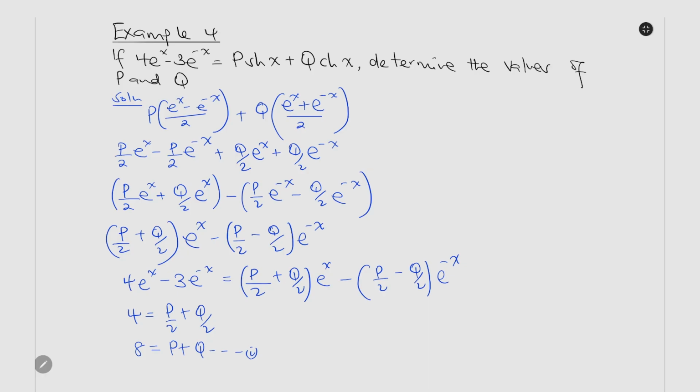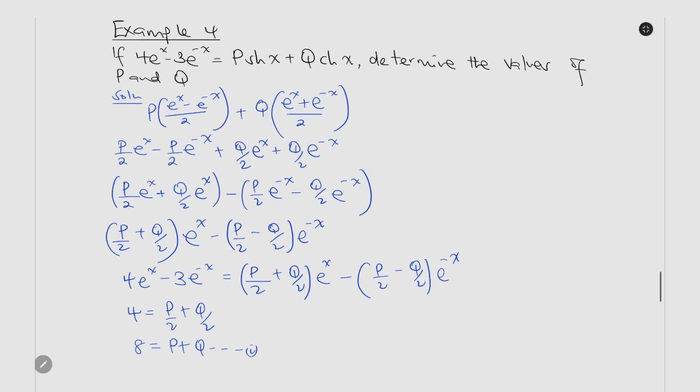Now again, I have a negative, so negative 3 should give me this negative here. Or I could even open the bracket now.